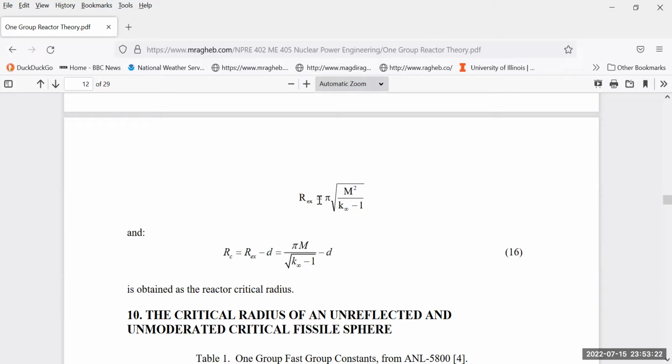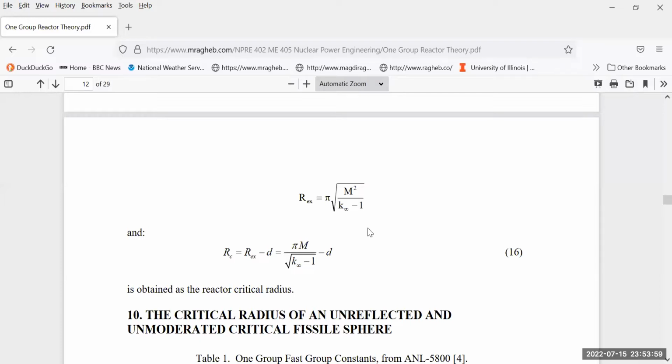And lo and behold, if we take the square root of the expression, then you can determine that the extrapolated boundary for a steady state system is pi times the square root of the migration area divided by k infinity minus 1. The extrapolated radius is the actual radius plus the extrapolation length. So if we subtract the extrapolation length d from the extrapolated radius, you get the critical radius of the reactor.